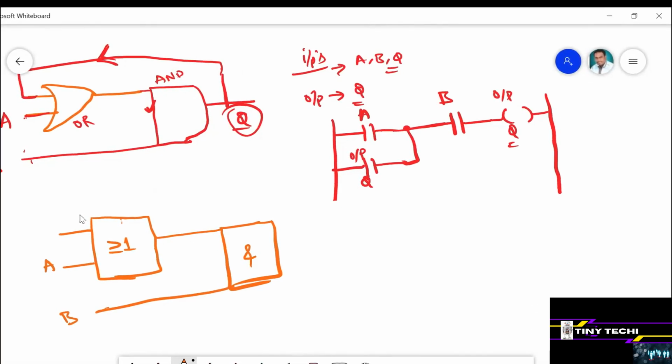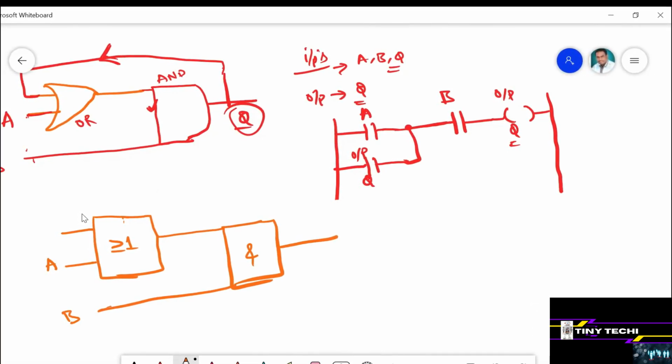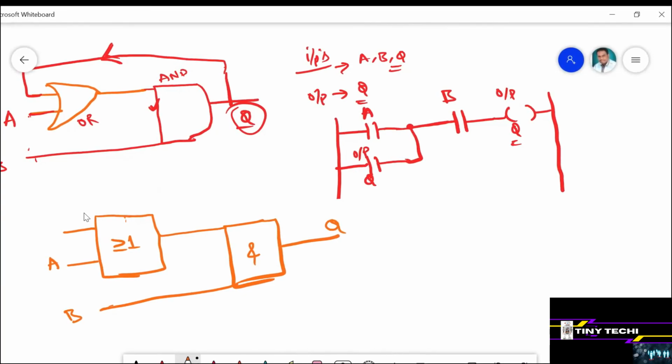So what about Q? How can we connect Q? Q is the output of the AND gate, so we can connect Q from this output.